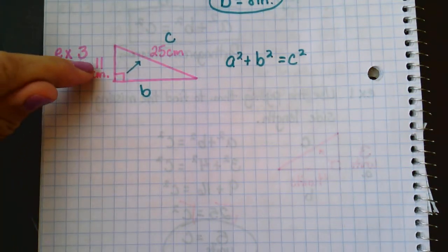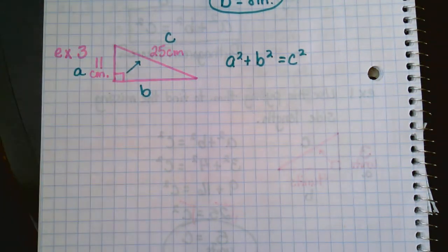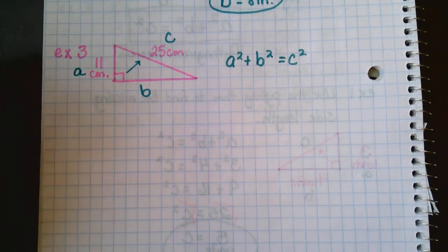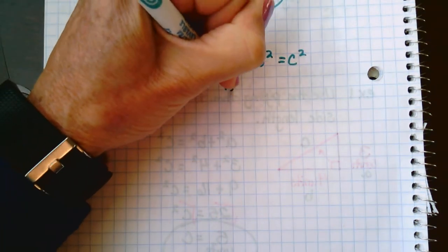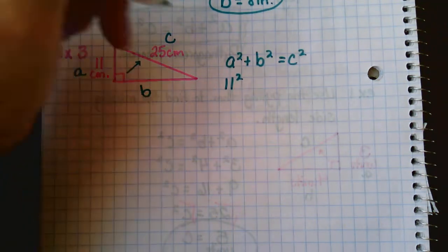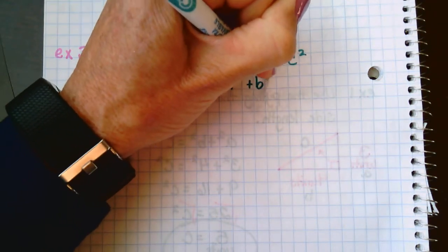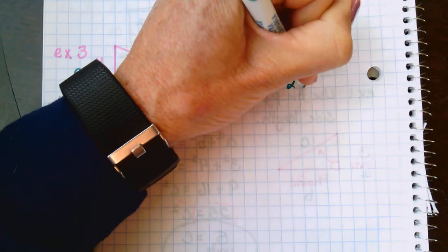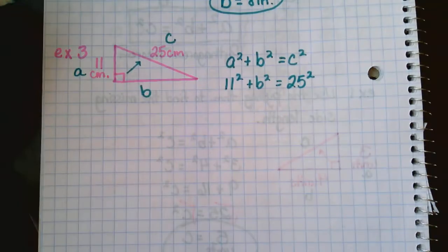Okay, now let's plug the values into our formula. We're going to substitute 11 in for A, so 11 squared plus B squared equals, we're going to substitute 25 in for C, 25 squared.